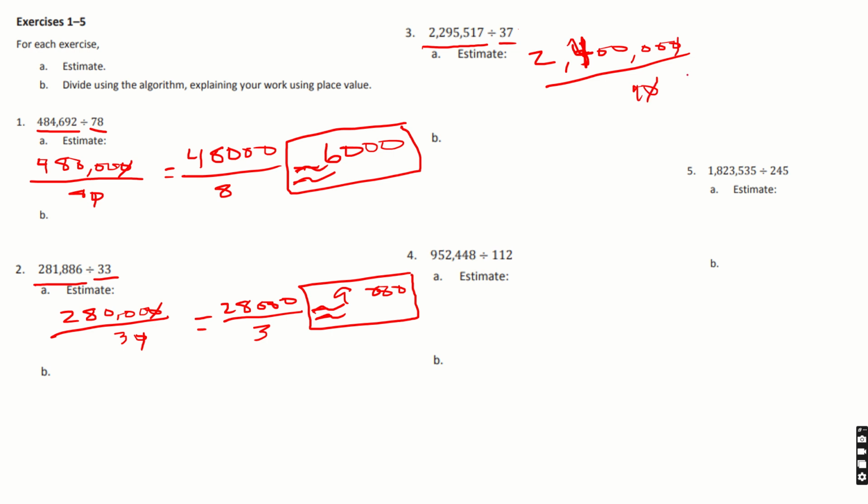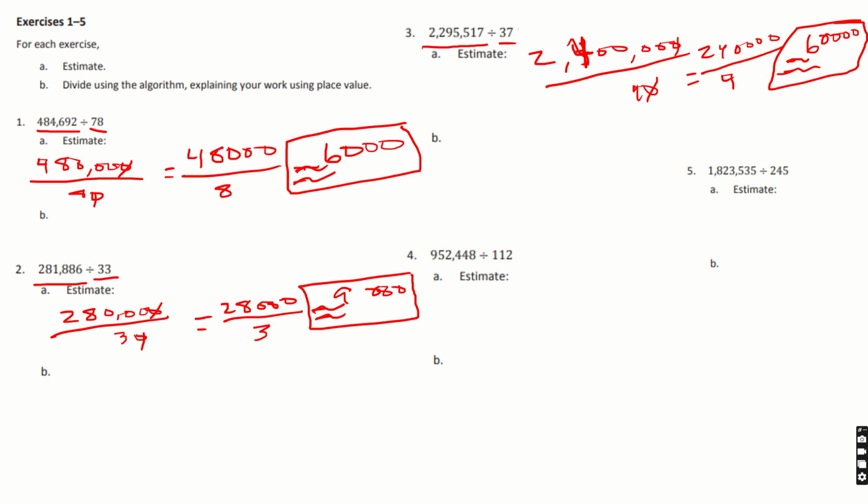When I cross out my zeros, I have 24 and then 4 zeros over just a 4. 4 goes into 24 6 times. I know it's going to be less than this, but it's going to be 6 times and then 4 zeros. But I'm saying it should be somewhere in the ballpark of around 60,000.